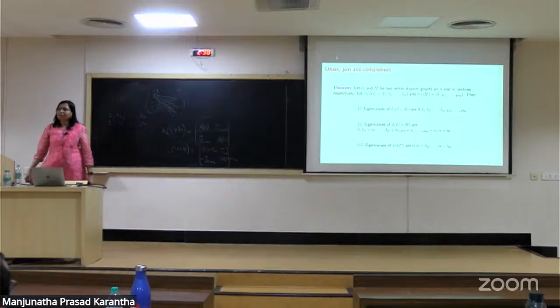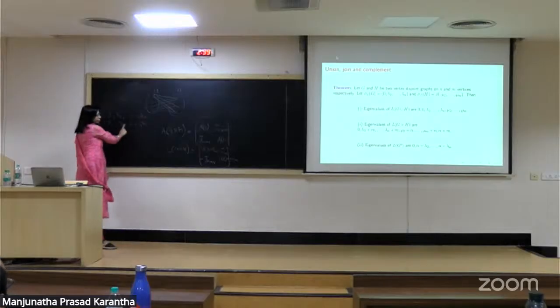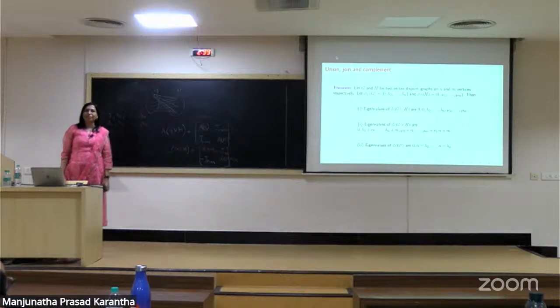We also observe that any other eigenvector is orthogonal to the all-one vector. That also we have discussed. So for these vectors, I know that the sum of all entries is zero. Okay, they are orthogonal to the all-one vector.